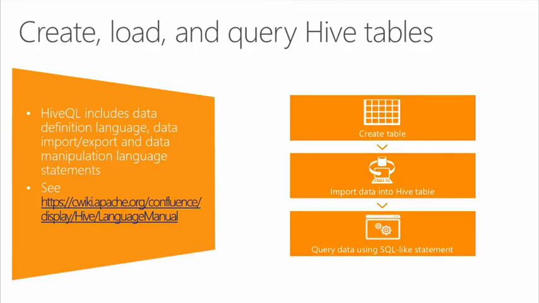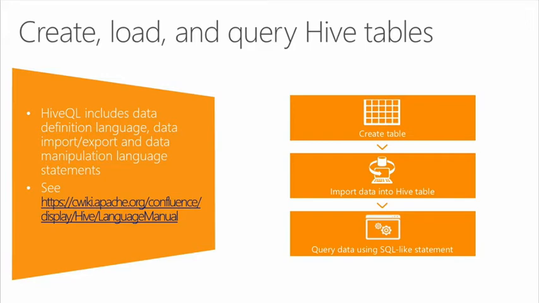Now, like in any relational data store, you have the basic operations like create table. Essentially, again, you are creating the schema for the table on the raw data, and that table schema gets stored into the metastore, and then you want to import data into the Hive table.